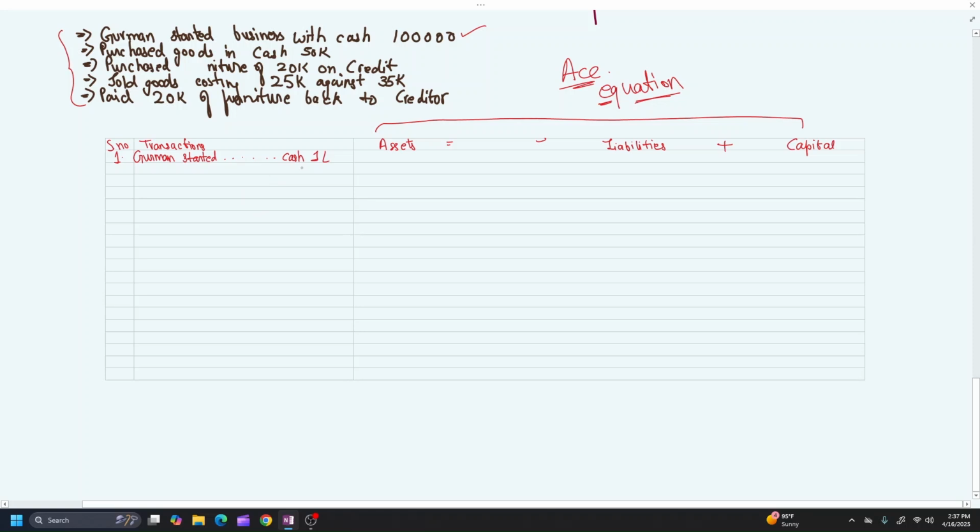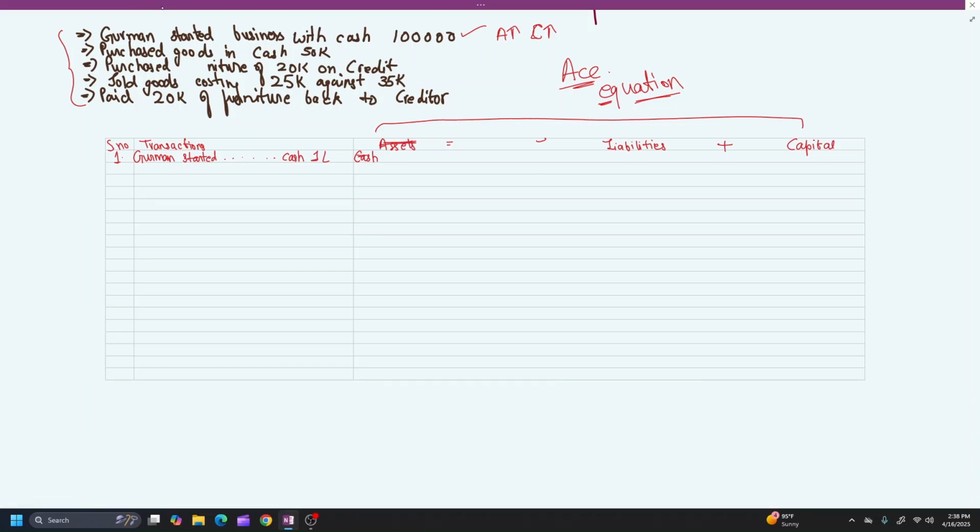Now, Gurman started business with cash. Tell me what's happening in this situation. Basically, here your asset is increasing and your capital is also increasing. How? Because the journal entry for this will pass cash account debit to Gurman's capital account credit.